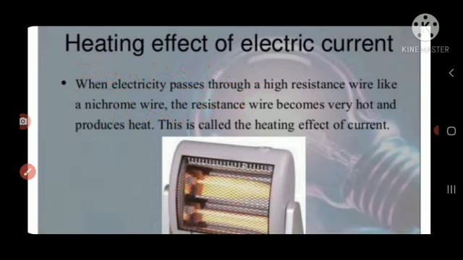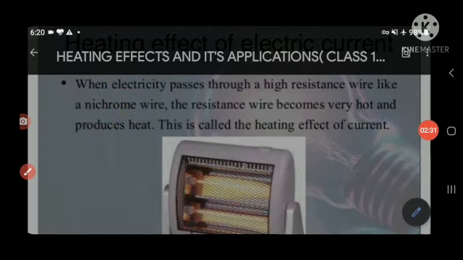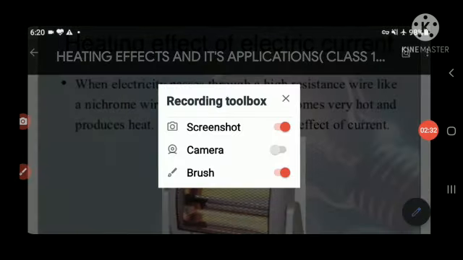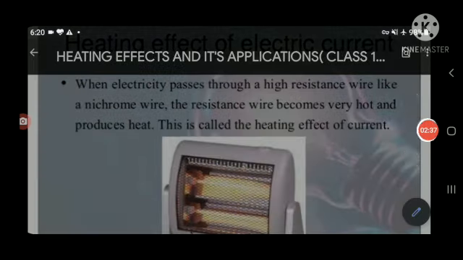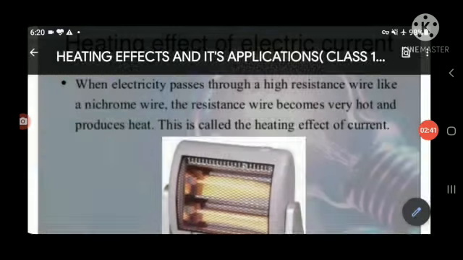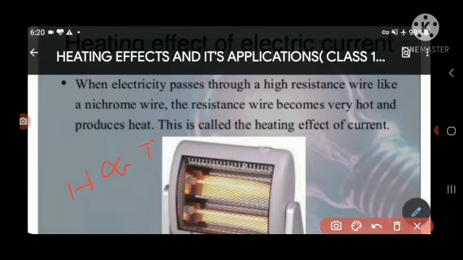By the combination of these laws, we can easily write that H varies as I square R T. We are combining the three laws.